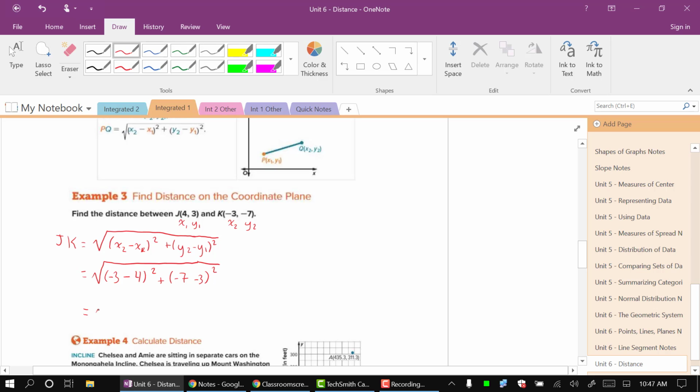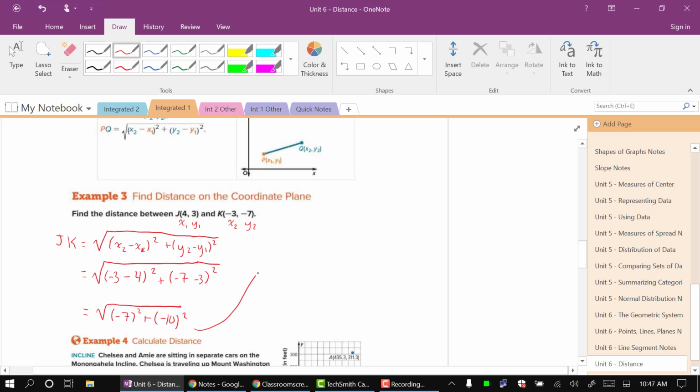Simplify what's inside the parentheses. Negative 3 minus 4 is negative 7 squared. Negative 7 minus 3 is negative 10 squared.